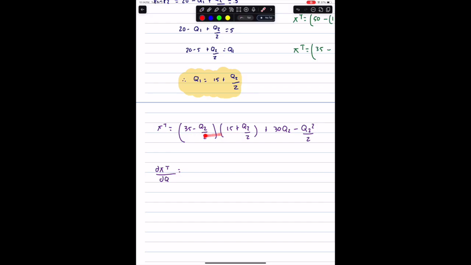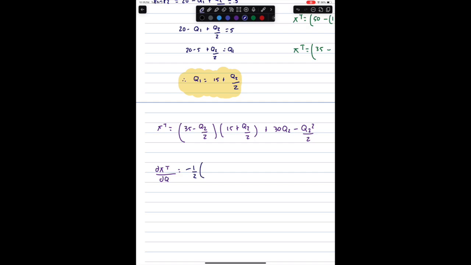If you see right here, this is the product rule. We have two functions multiplying by each other. We have to take the derivative of each. The derivative of 35 minus Q2 over 2 is going to be equal to negative 1 over 2, right? And we know this because the derivative of 35, which is a constant, is equal to 0, and the derivative of Q2 over 2 is just the derivative of Q2, which is 1, over 2. We leave the other function by itself.